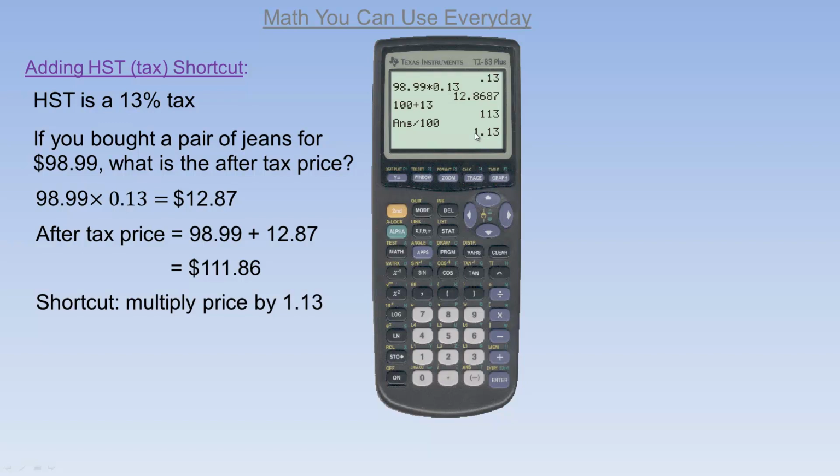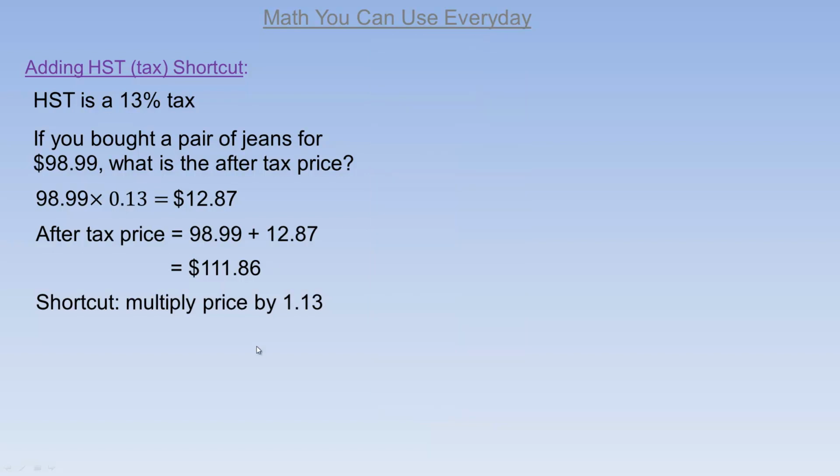So this 1 here takes the original amount and adds 13% to it. So if we take the 98.99 and multiply it by 1.13, it'd be $111.80, and see, the 8 would make the 5 round up to a 6, so $111.86 is the price.